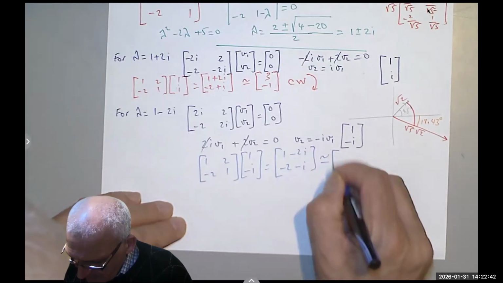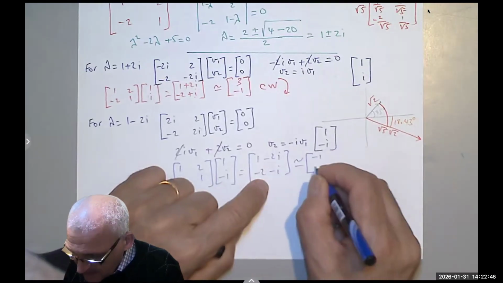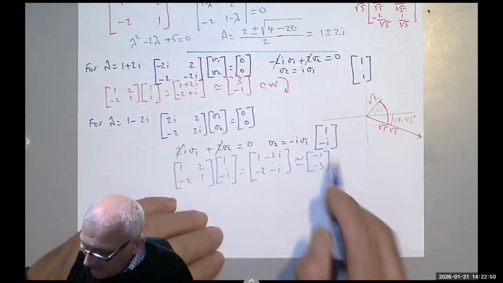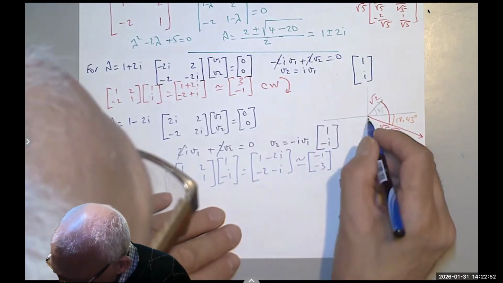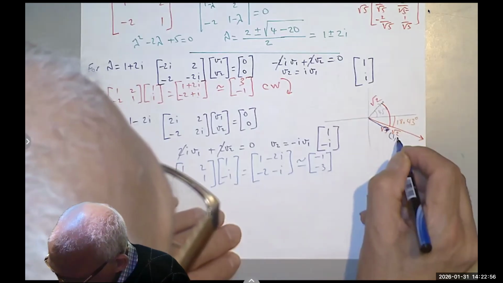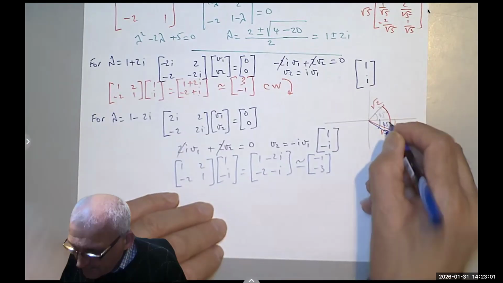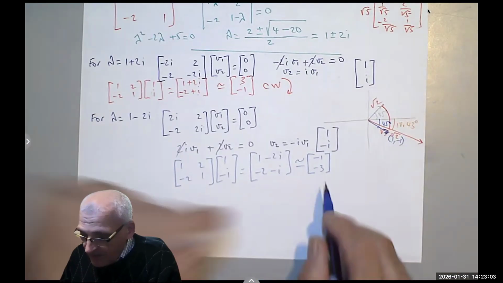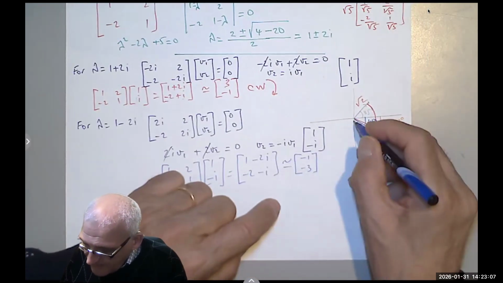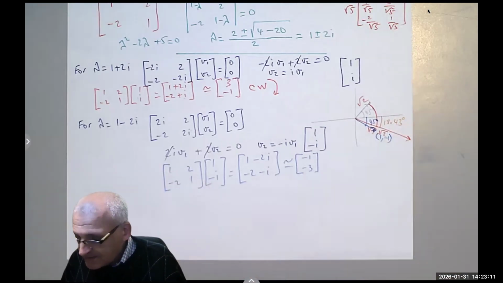Or as coordinates, this is negative 1 and this is negative 3. So now 1 and negative 1, I started here somewhere, okay? 1, negative 1. And this angle was 45 degrees. I ended up with negative 3, negative 1, meaning I ended up in the third quadrant, right?